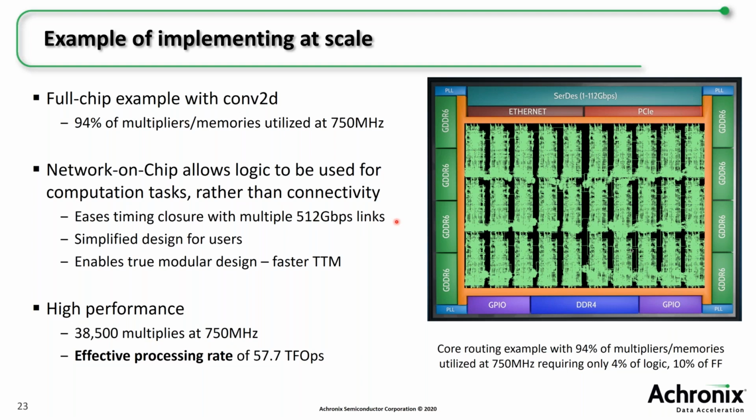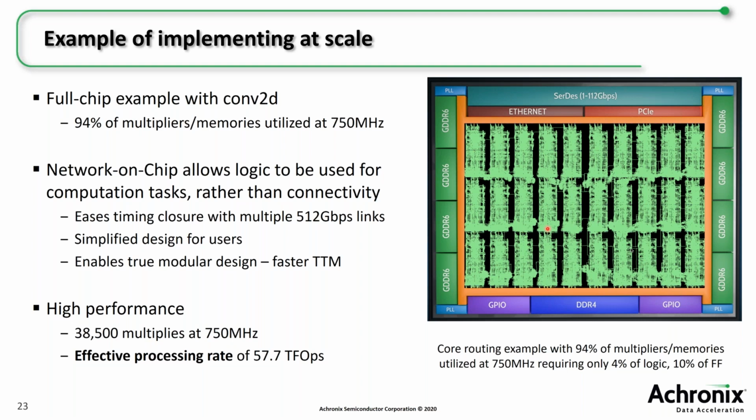It makes it much easier from a timing closure point of view. You, as a user, don't have to worry about timing closure. It's easier to instantiate a NOC access point and then just connect to that. And in terms of modular design, you can see it's very regional in terms of design, so that makes it much better for hierarchical designs and things like partial reconfiguration, and therefore gives you a much better time to market in this space.